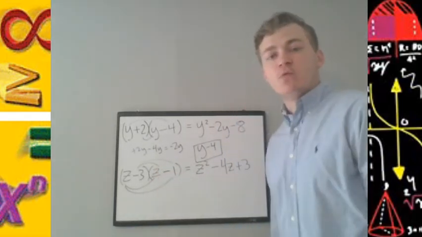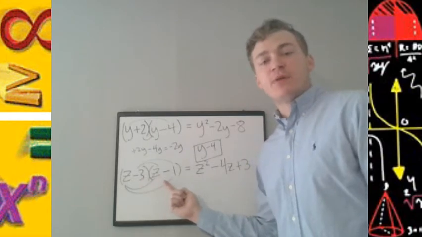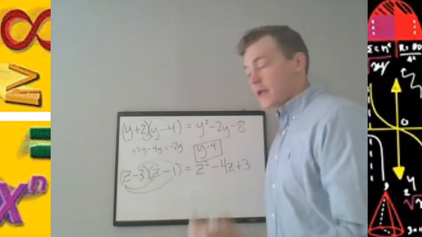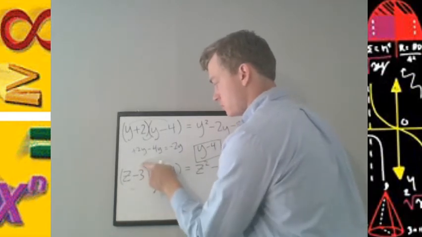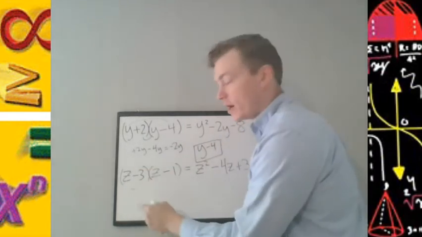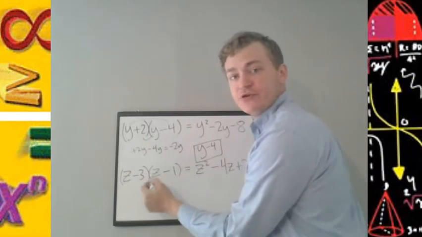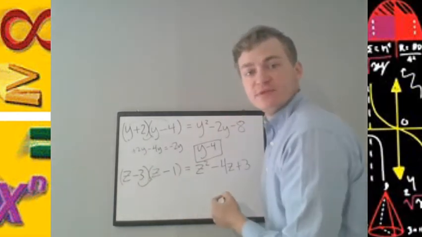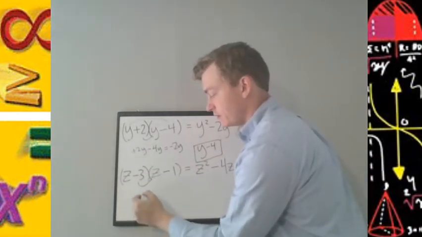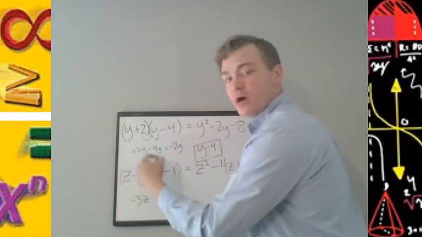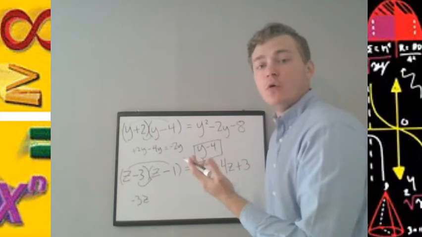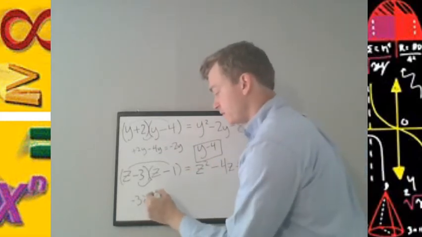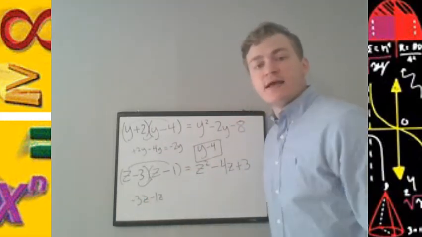That is minus 1. A negative 3 multiplied by negative 1 is positive 3. And once again, we see here the inner product, the inner two terms, minus 3 times z is a minus 3z. The outer product, the outer terms multiplied together, z times negative 1 or negative 1 times z is a negative 1z.